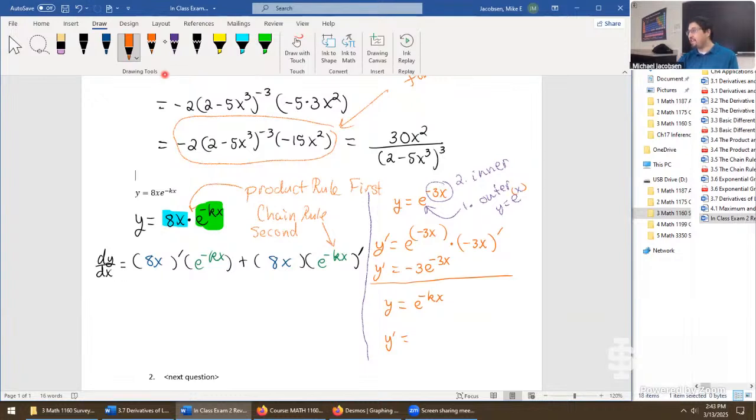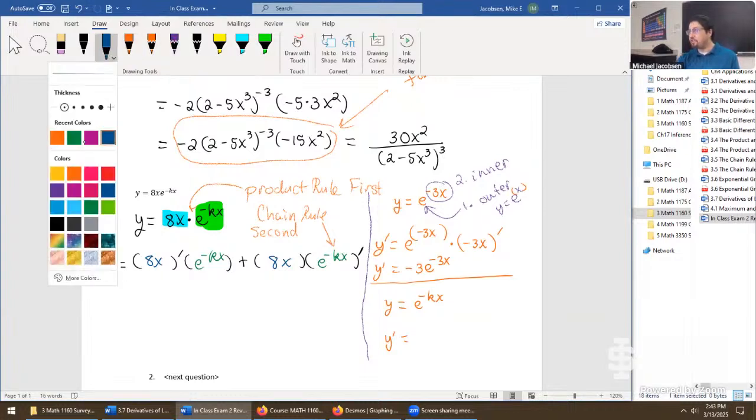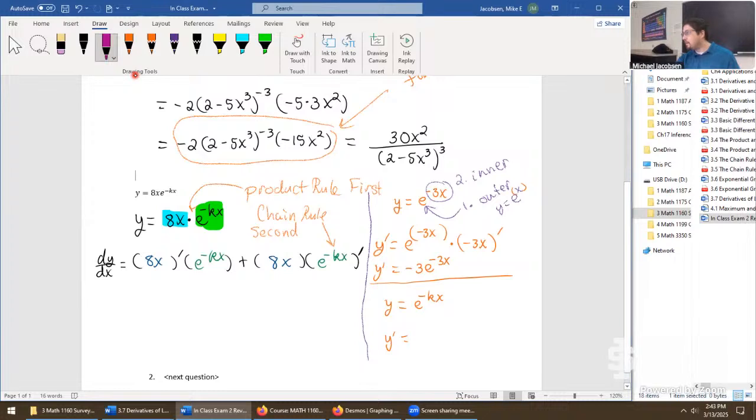Here's one way to think about that. Let me get a new color going. That negative 3 that was right here emerges right here. And this is playing the same exact role as negative 3.